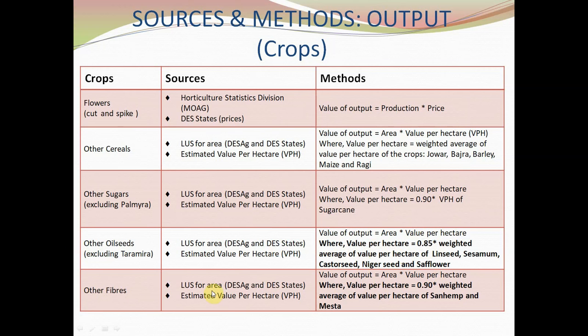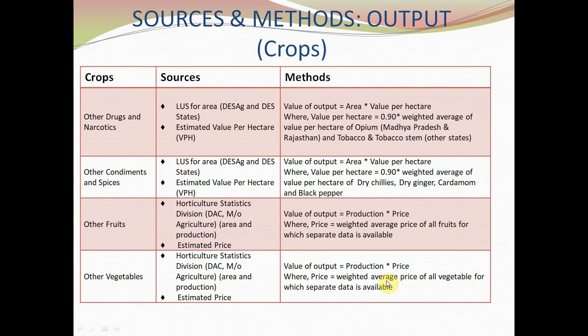In case of other fibers, same methodology is used. LUS for area is taken and estimated value per hectare. In this case, value per hectare is 90% into weighted average of value per hectare of sunhemp and mesta. Here, in all these cases, other cereals, other sugars, other oilseeds and other fibers, value of output is calculated by using area into value per hectare.